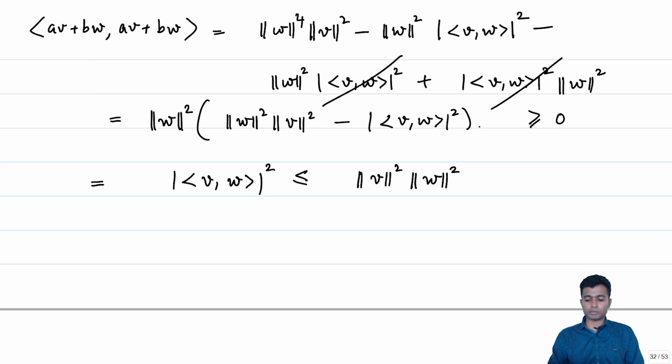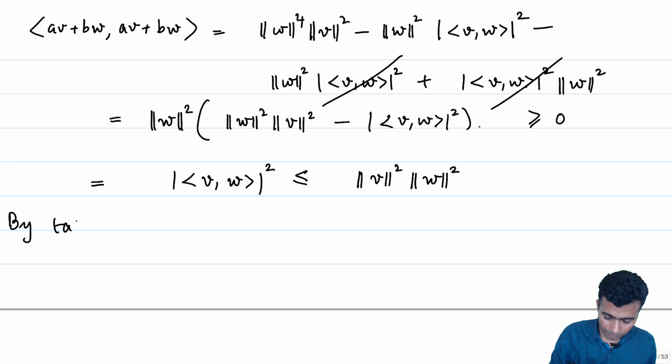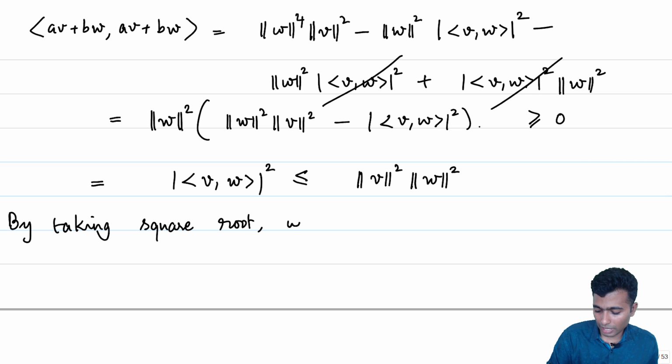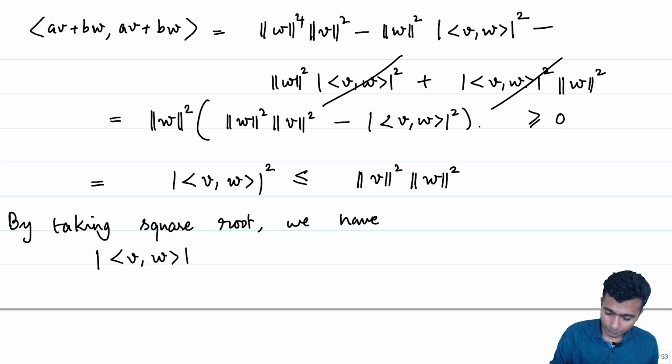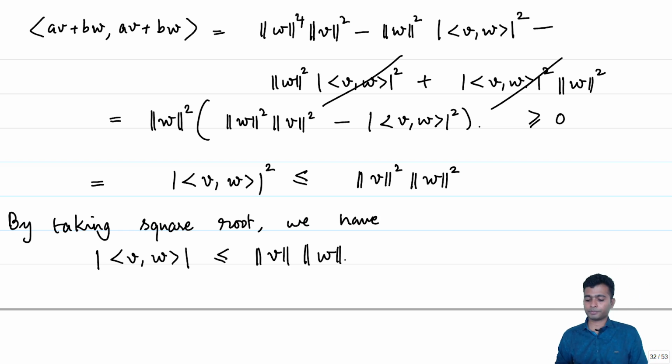Now all these are positive numbers. By taking square root, we have the Cauchy-Schwarz inequality, which tells us that the absolute value of the inner product of V and W is less than or equal to the length of V times the length of W. And that's precisely what we were saying.